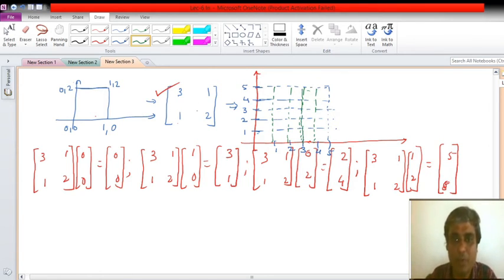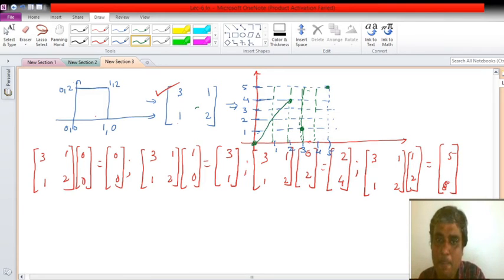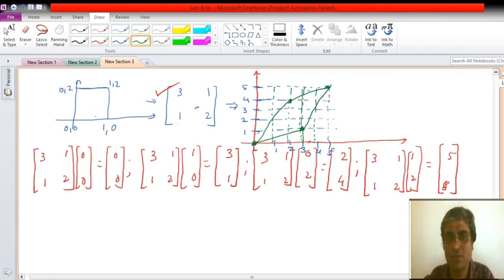First point is 0 0, so here is the first point. Second point is 3 comma 1, so the second point is here. Third point is 2 comma 4, means here. And the fifth point is 5 comma 5, means here. Now what I will do, I will join it. This, then this, then this.